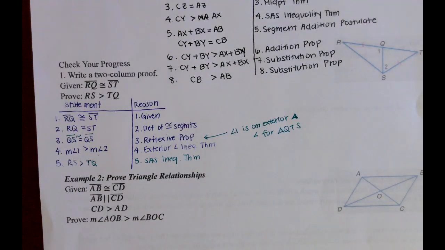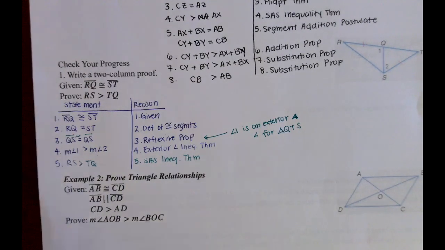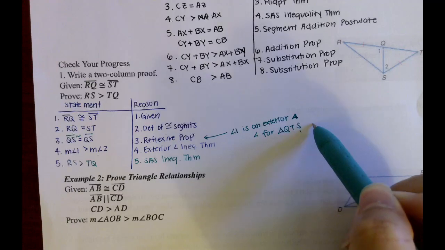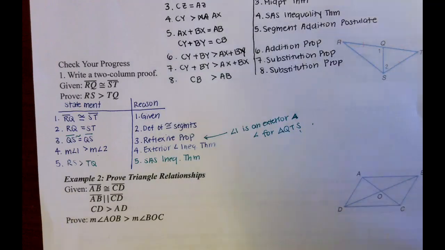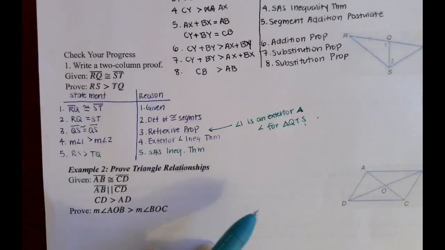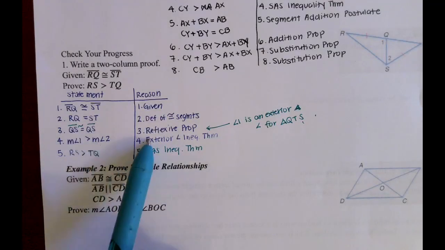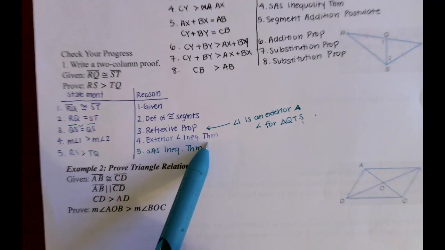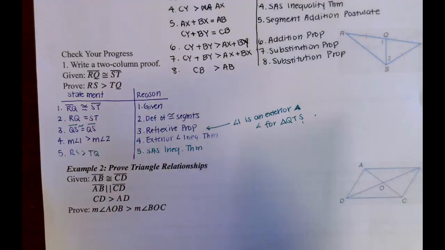I didn't do that, and I don't feel like it was a big deal. But yes, then the exterior angle inequality theorem, because the exterior angle is going to be greater.